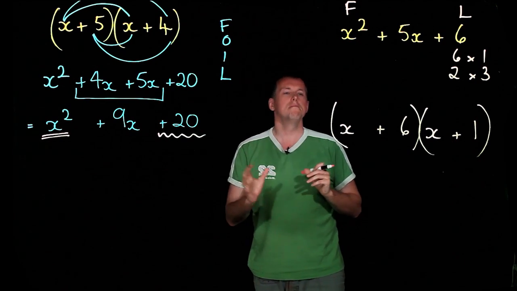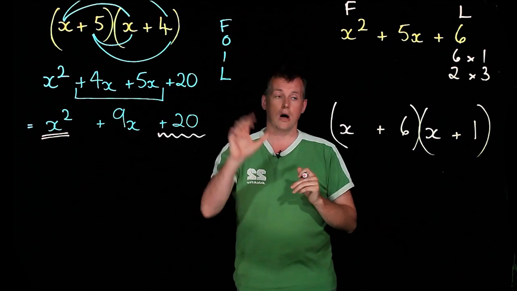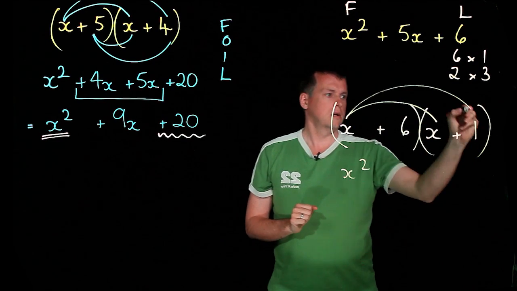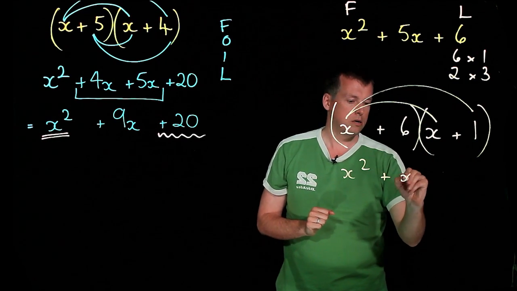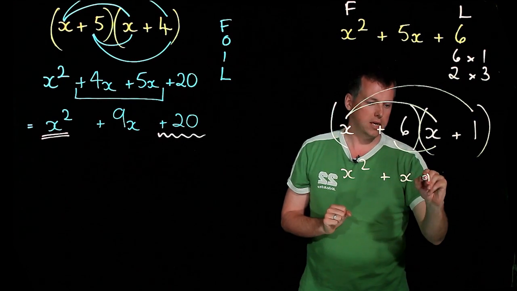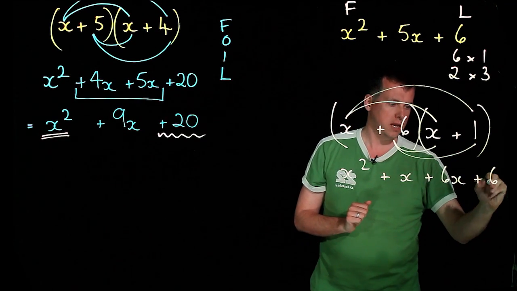If we multiply this out to see if we get our correct solution here, using our FOIL method, we'll end up with x squared plus 1x. We don't write 1x, we'll just write it as a single x term there, plus 6x, and 6 times 1 gives me plus 6.